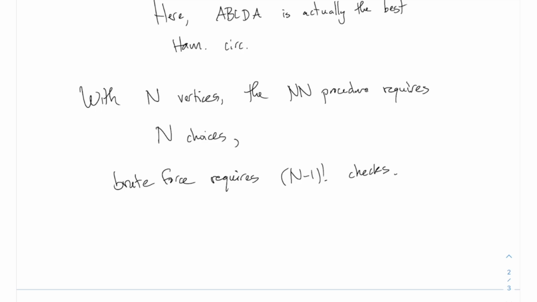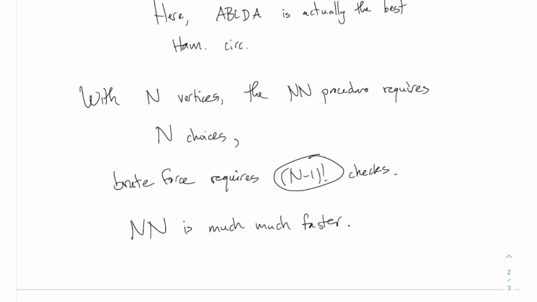And when the n is big, this is super, super big, right? When the n is large, this number is just going to be n, but this is going to be n factorial, which is far greater. So the nearest neighbor is much, much faster.